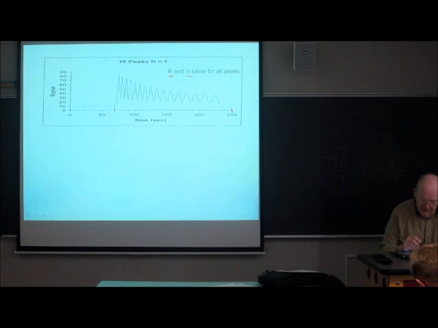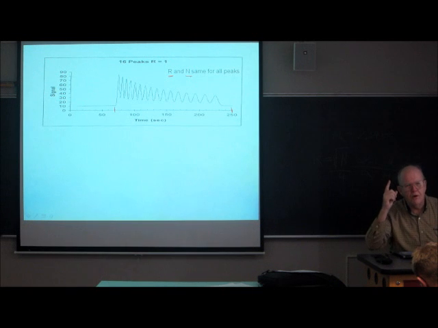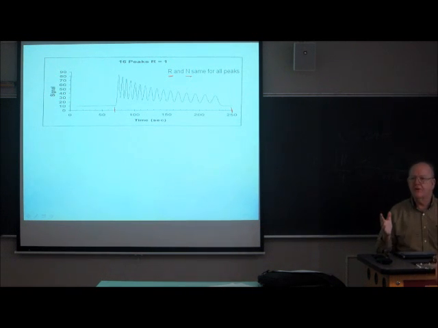And so I've got 1, 2, 3, 4, 5, 6, 7, 8, 9, 10, 11, 12, 13, 14, 15, 16 peaks. So the peak capacity of this chromatogram with a resolution of 1 is 16. If you can count, you can do this.